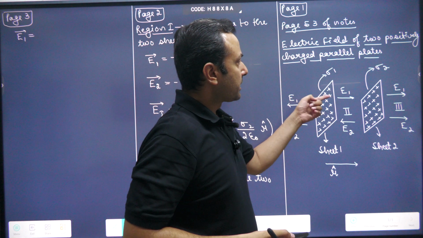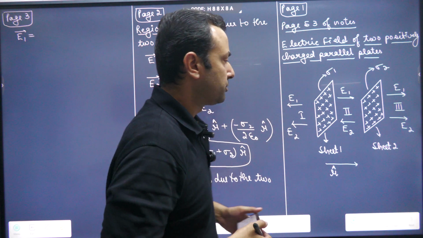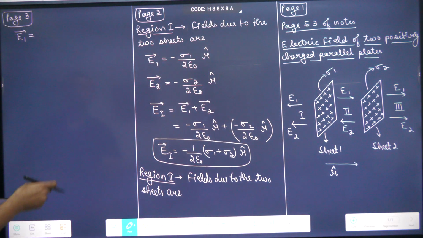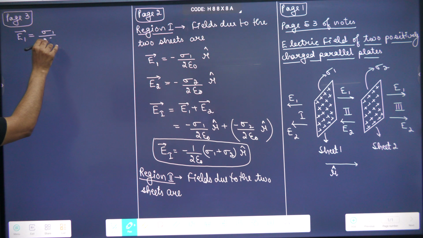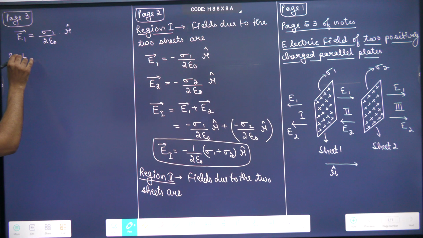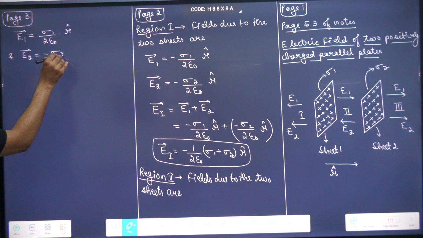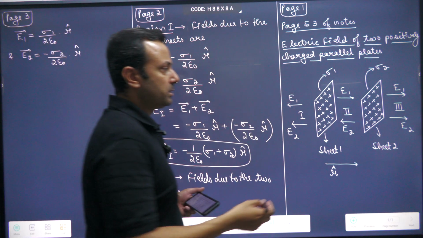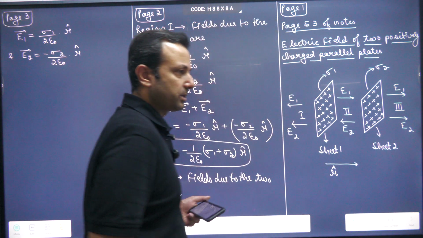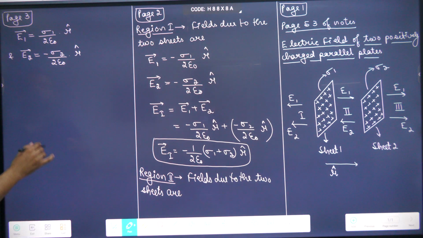In region second, the direction of E1 is from left to right. So E1 vector will be sigma 1 upon 2 epsilon naught r cap, and E2 vector is minus sigma 2 upon 2 epsilon naught r cap. Why? Because E2 is in the left direction, and left direction means negative sign.